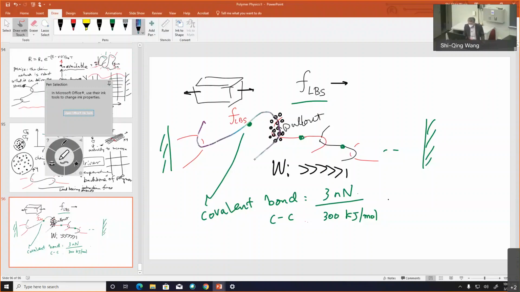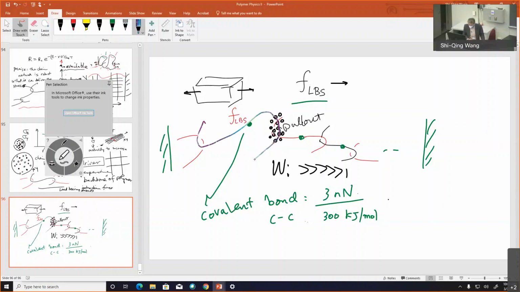So in any case, there will be, wow, it's a multicolored one. There will be a lot of friction trying to prevent the sliding, if you like.